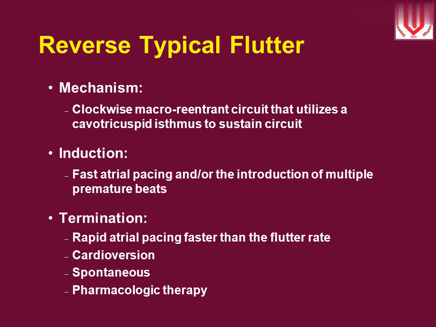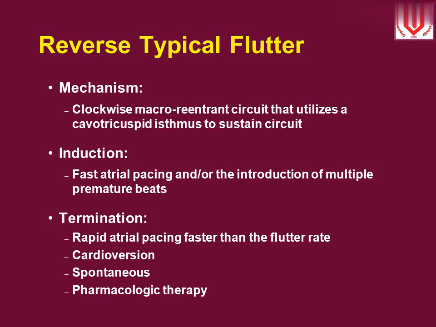Reverse typical flutter. Mechanism: clockwise macro reentrant circuit that utilizes the cavotricuspid isthmus to sustain the circuit. Induction: fast atrial pacing and/or the introduction of multiple premature beats. Termination: rapid atrial pacing faster than the flutter rate.